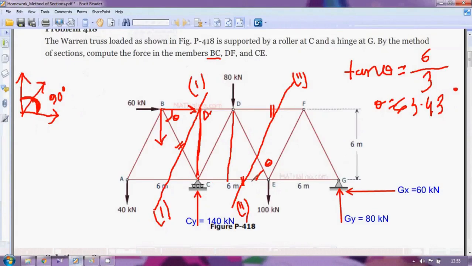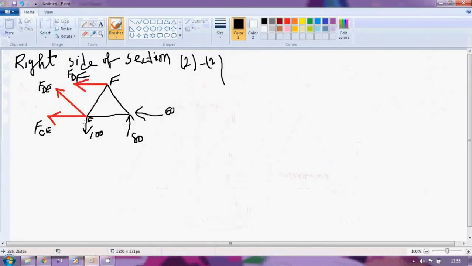This angle is here, correct? So this will be theta, 63.43 degrees.